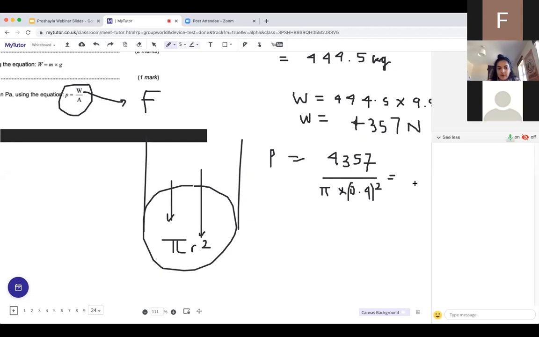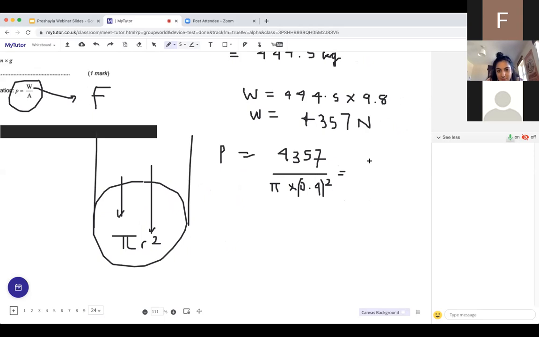So what would the answer to that entire equation be? So when we divide the top by the bottom, we get 8,668 pascals.